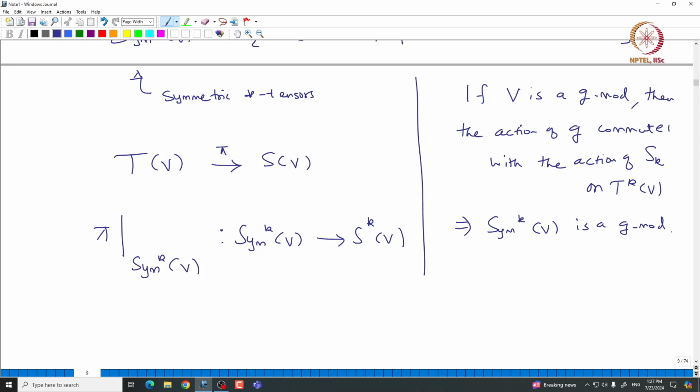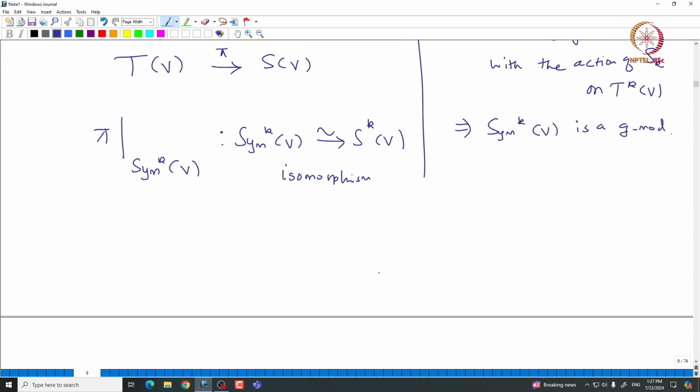What one can prove is that this is indeed a vector space isomorphism, and if V is a G module, then this is indeed a G module isomorphism. The all-important thing is that it is an isomorphism of vector spaces. The inverse map is a very well known map, which is called symmetrization. So, what is symmetrization?